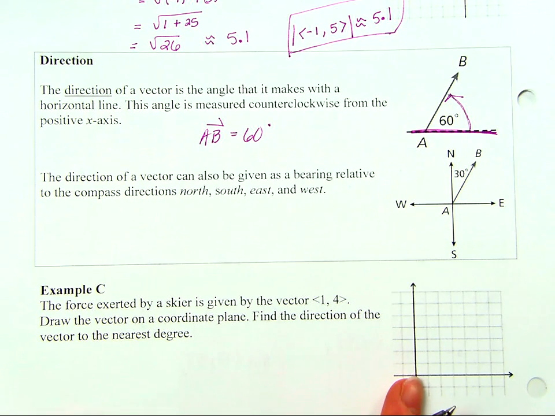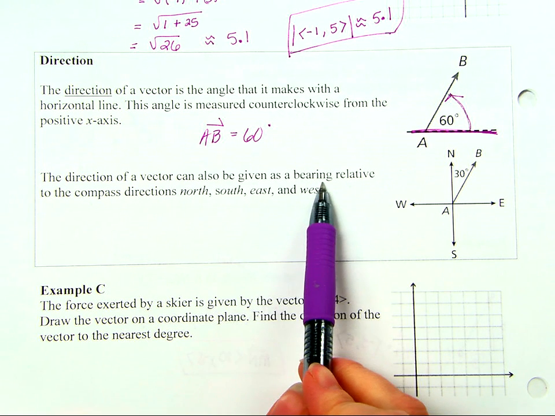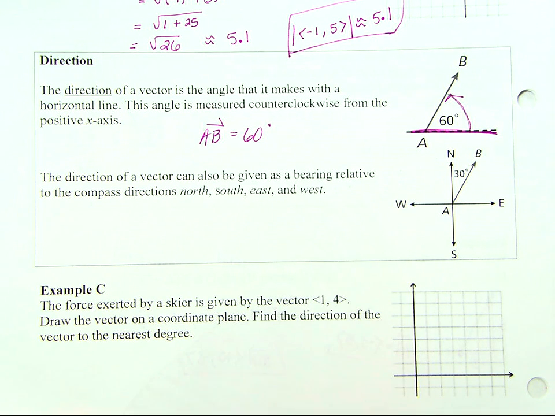You can also write the direction of a vector given as a bearing relative to the compass directions: north, south, east, and west. So this vector AB is actually the same one as above.